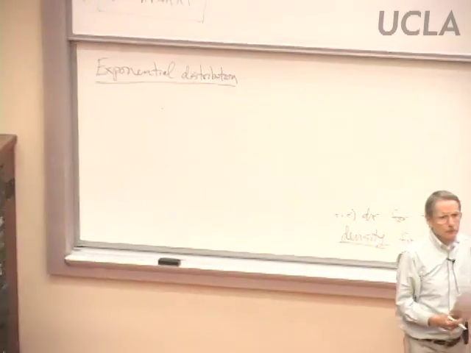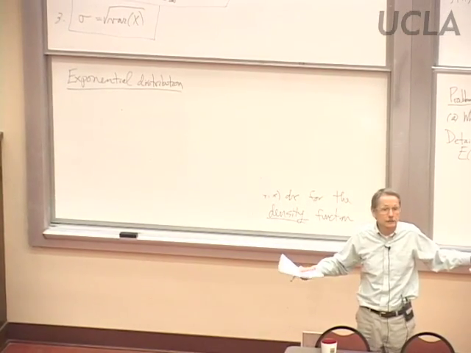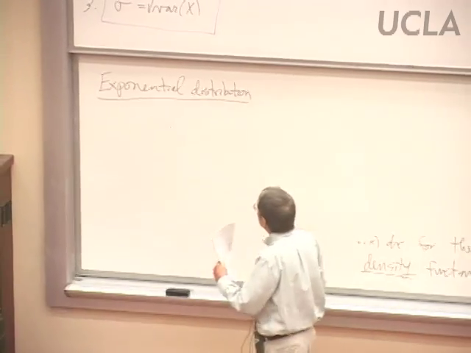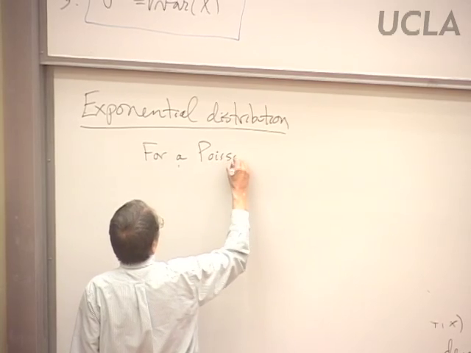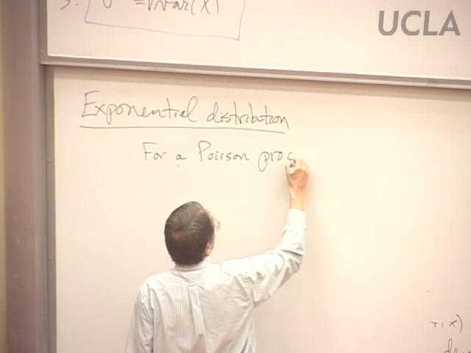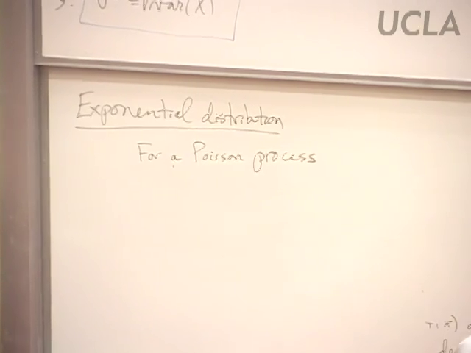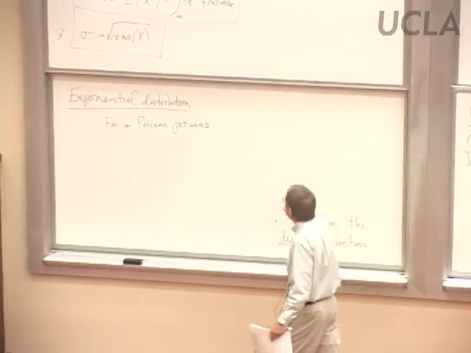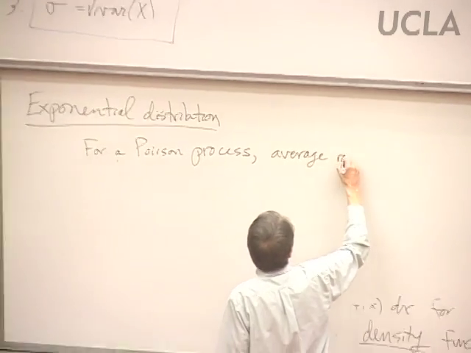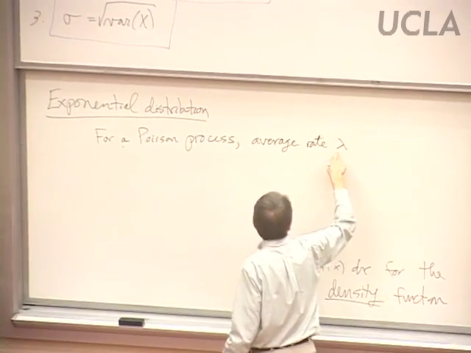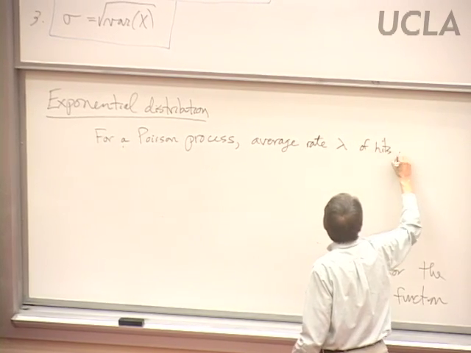Going back to things we were talking about last time, suppose we have a Poisson process. So hits occur now and then at random, independent of the past, but with a known long-term average rate, rate lambda, hits per unit time.